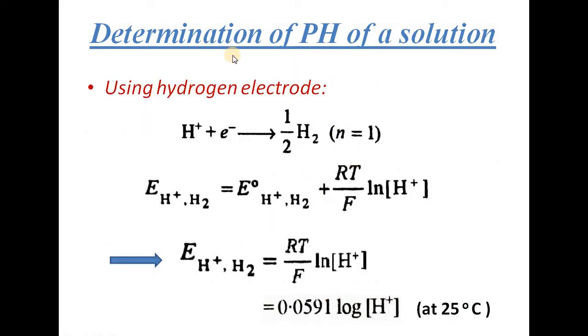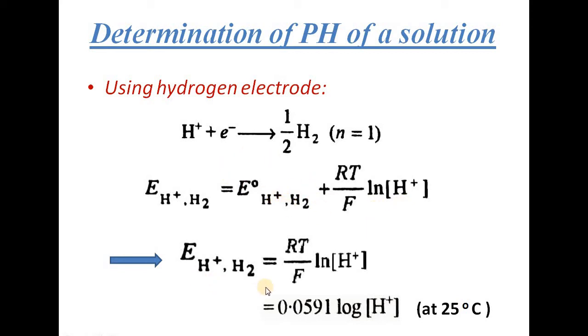So the first one is the determination of pH of a solution using the hydrogen electrode. In the case of the hydrogen electrode, the half cell reaction can be written as H+ + e− giving 1/2 H2. Now the electrode potential for this half cell can be given as E naught plus RT by F ln of the hydrogen ion concentration, and the standard electrode potential of the hydrogen electrode is taken as 0.